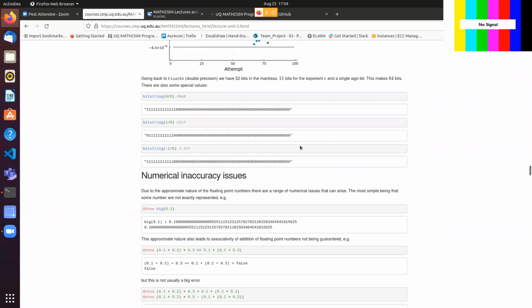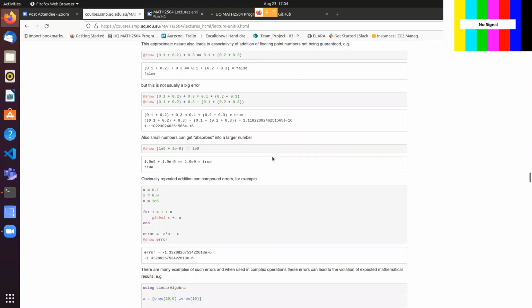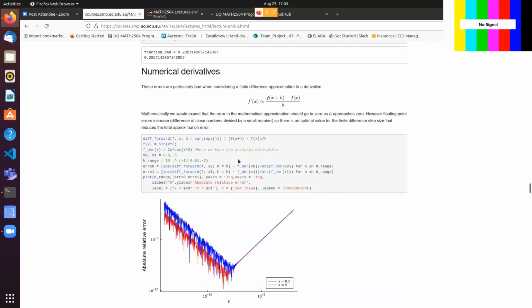Cool. So, how floating point issues arise. I had a quick little demo of a couple of things that can happen. This really comes in when you're evaluating numerical derivatives. If you take a forward difference approximation, you take a little step forward in the function, look at the current value, do a linearization, and say, this is the local slope.